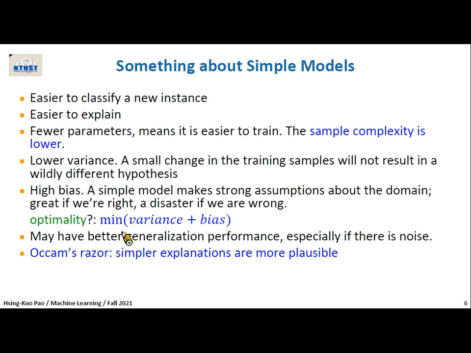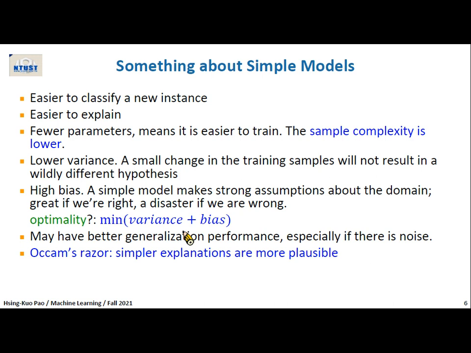Theoretically, even though I didn't go into detail, what we want is to minimize variance plus bias. That means we don't want to introduce a lot of bias, a lot of assumptions. At the same time, we also want to make sure that the variance is not so big.